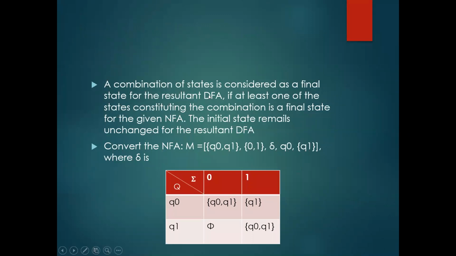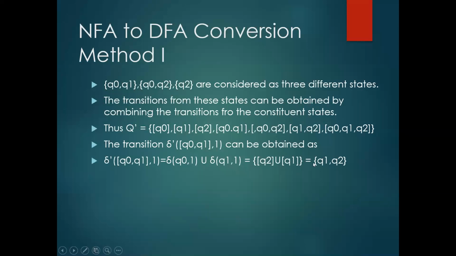And a combination of states is considered a final state for the resultant DFA if any of the states in the combination is a final state. Like here, if you have Q1 and Q2, and either Q1 or Q2, one of them, is a final state in NFA, then this entire state will be considered a final state, right?